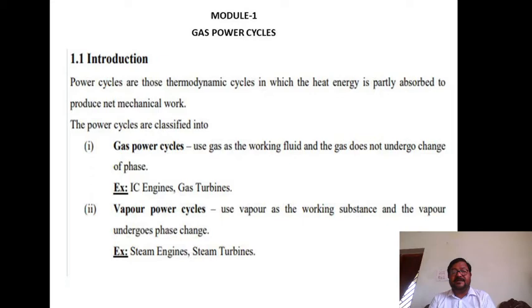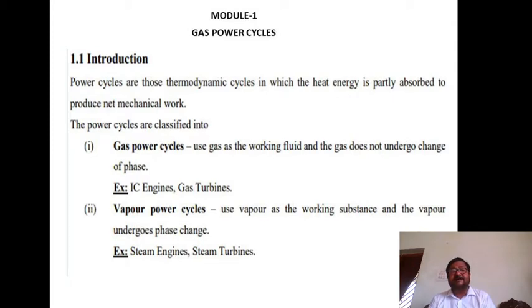There the phase change occurs. Means water is fully converted into superheated steam. From the boiler it goes to the turbine as superheated steam with high pressure and temperature, and then it is expanded in the turbine. Afterwards, it moves to the condenser.